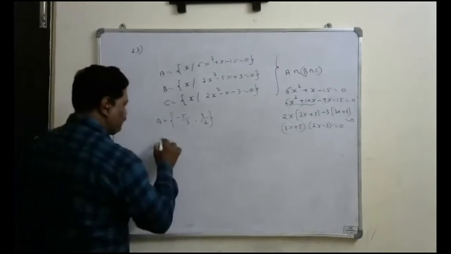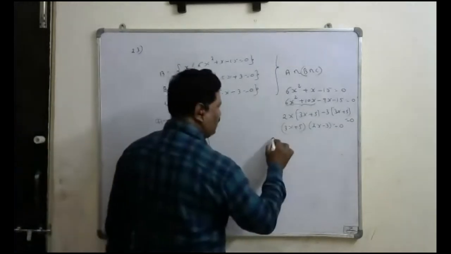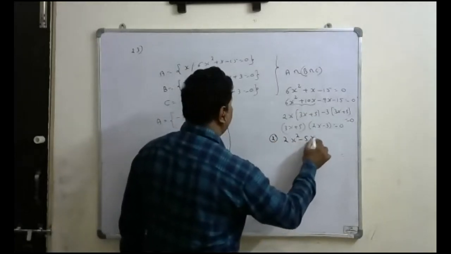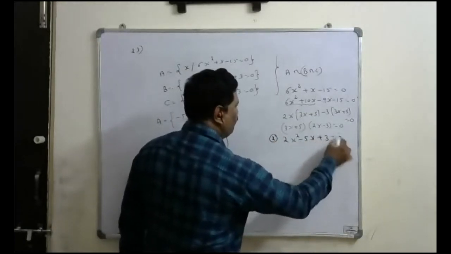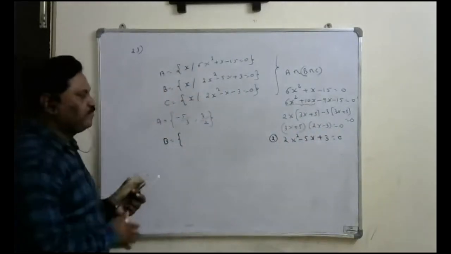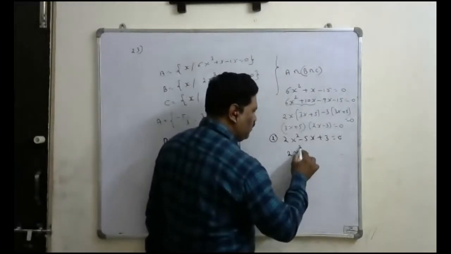Now set B. What are the factors of this? Second one, 2x squared minus 5x plus 3 is equal to 0. What are its factors? Minus 2 and minus 3.